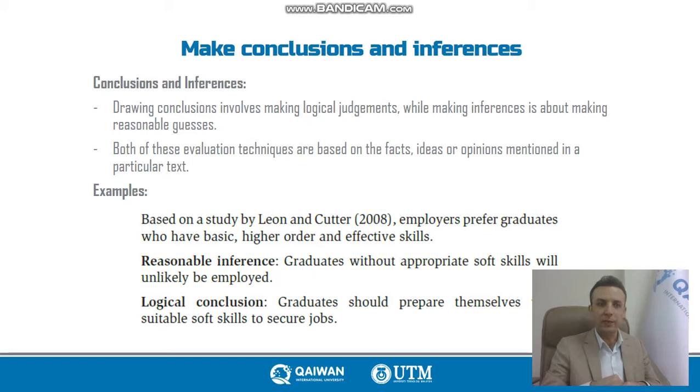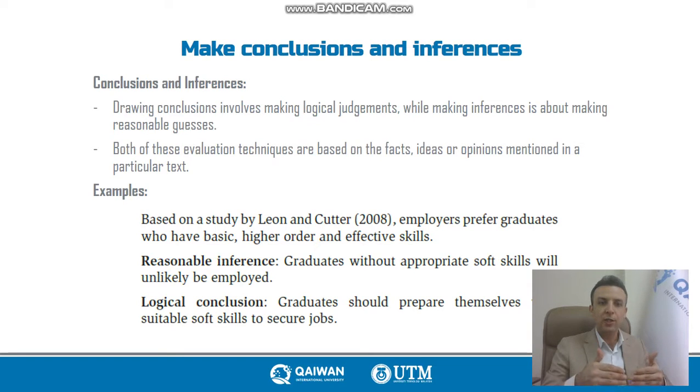Based on a study by Leon and Carter, 2008, employers prefer graduates who have basic, higher order, and effective skills. So what can be an inference? An example is this: graduates without appropriate soft skills will unlikely be employed. This is a kind of restatement of the text itself, because we say employers prefer these types of graduates, not those without these skills. So this is an inference, something that is mentioned in the text.